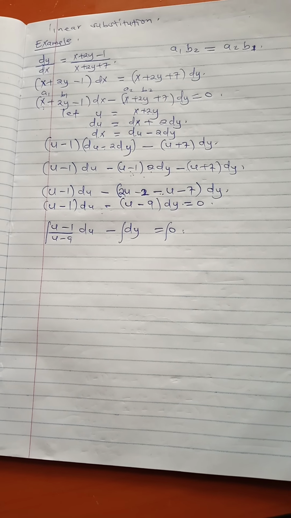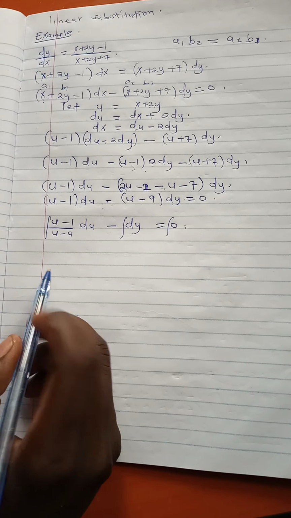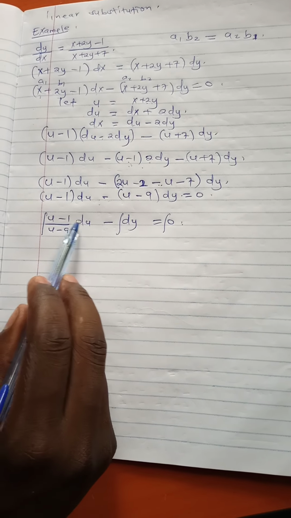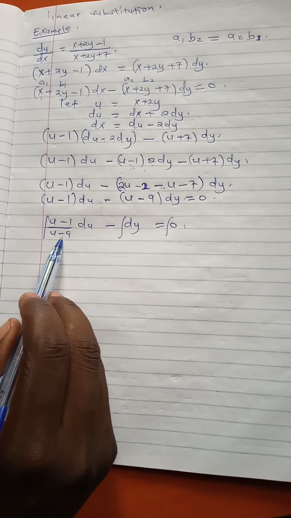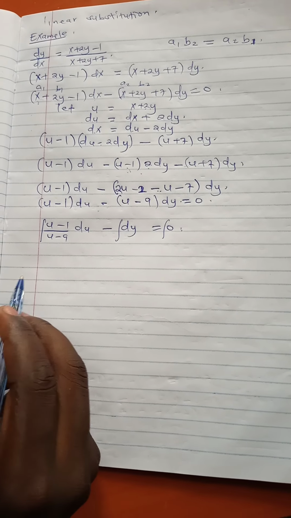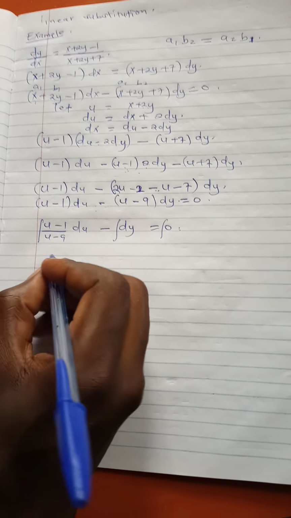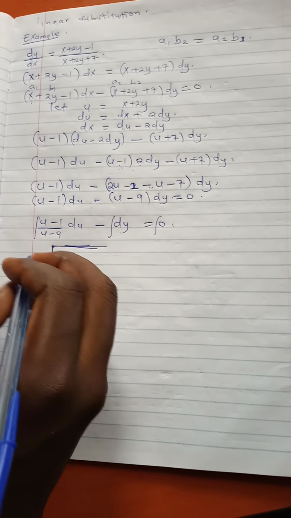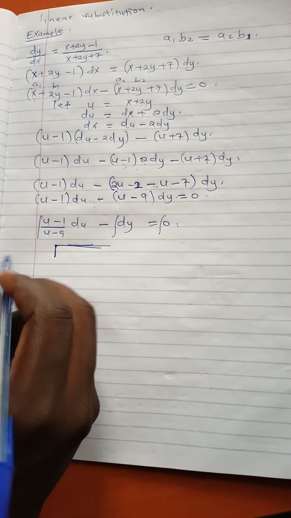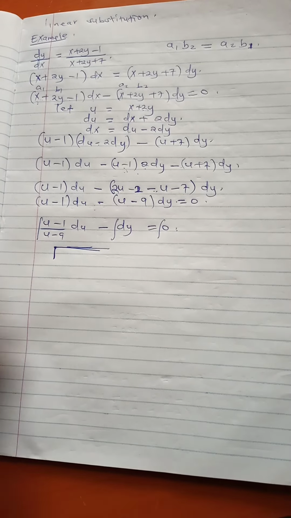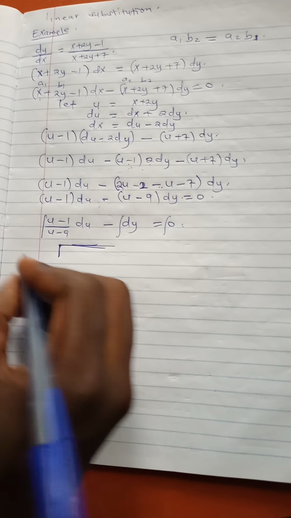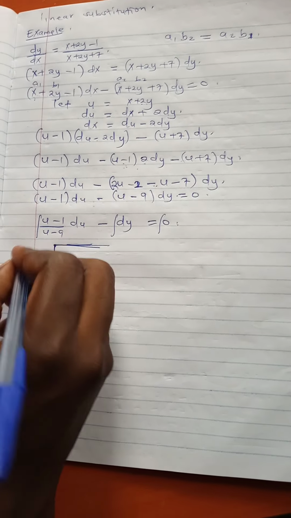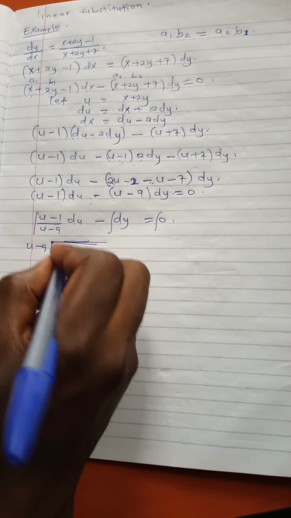So you will realize from our integral calculus that whenever I have u minus 1 over u minus 9 du, I want to integrate this particular expression. How am I going about it? Here we can't use the u substitution, so we apply the long division method, such that I'll have u minus 9 into u minus 1.